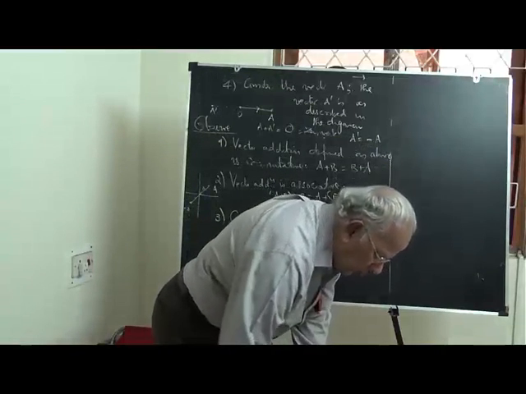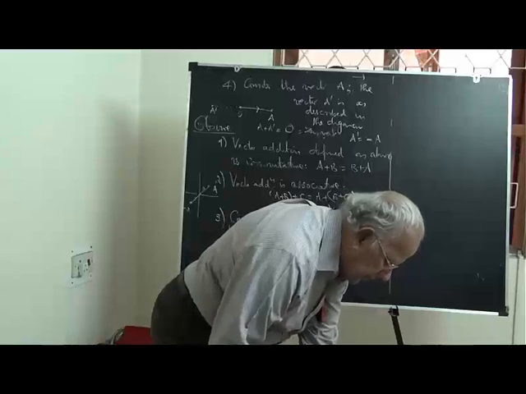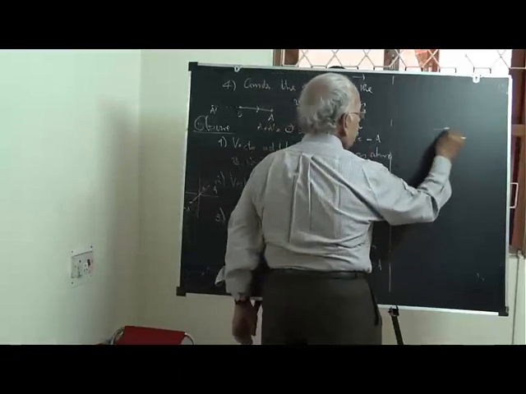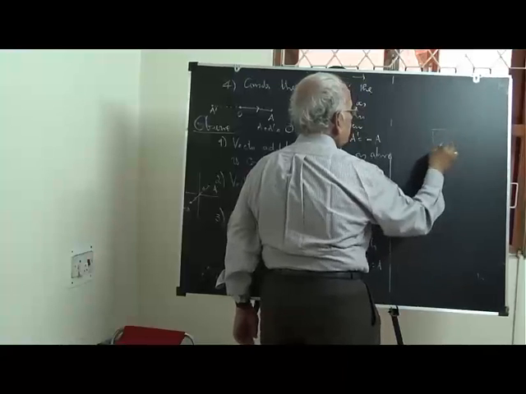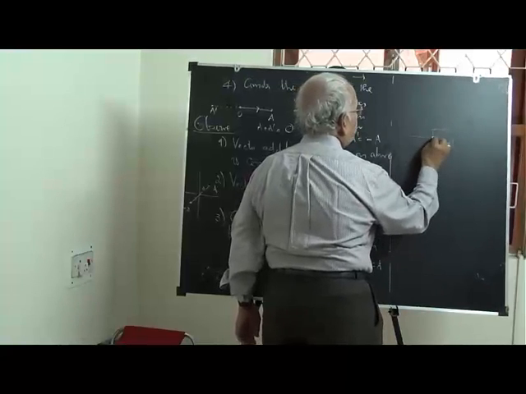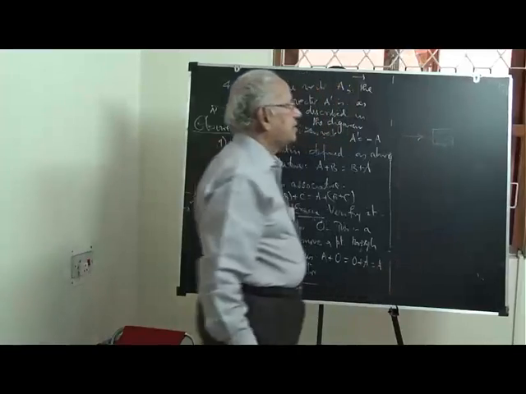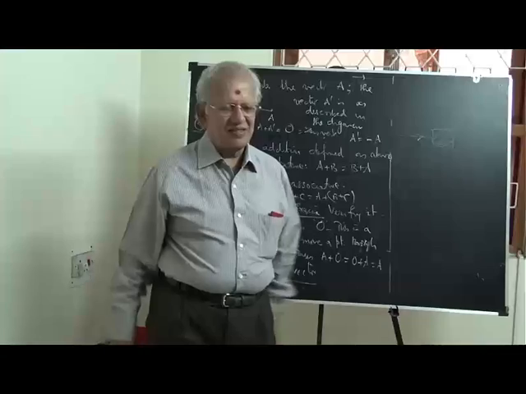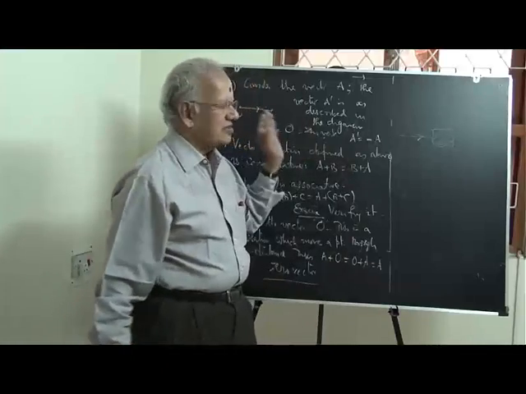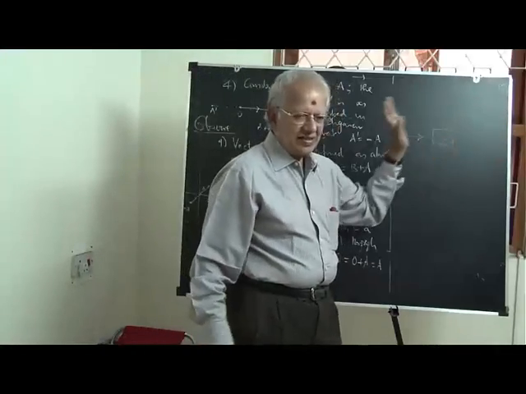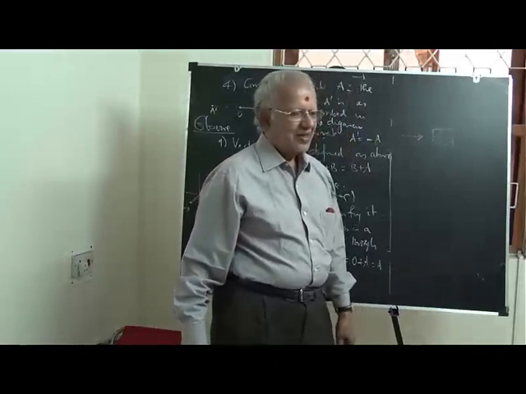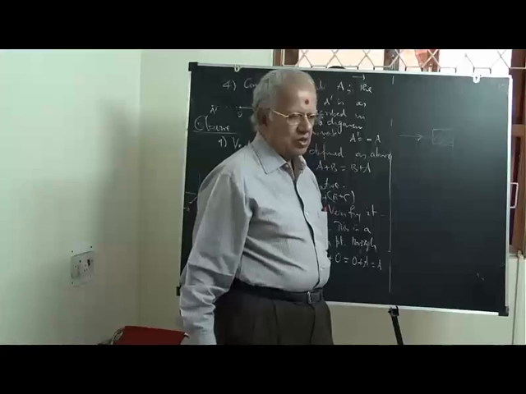So this is my iron box. I am pushing it in this direction. Right? Imagine that there is no friction. Then what will happen to this? It will start moving in this direction. So when I push it, it moves in this direction. Suppose I don't want it to move.